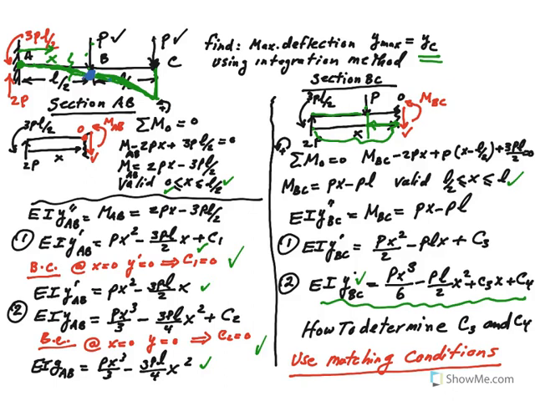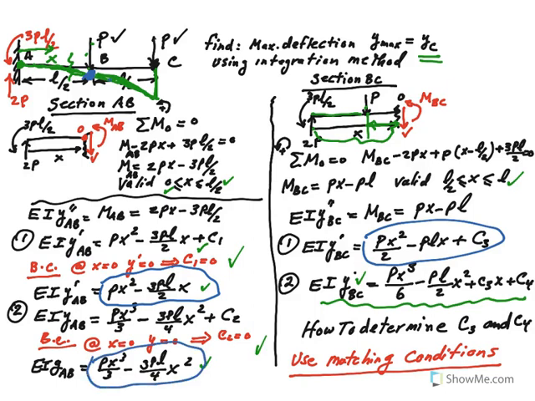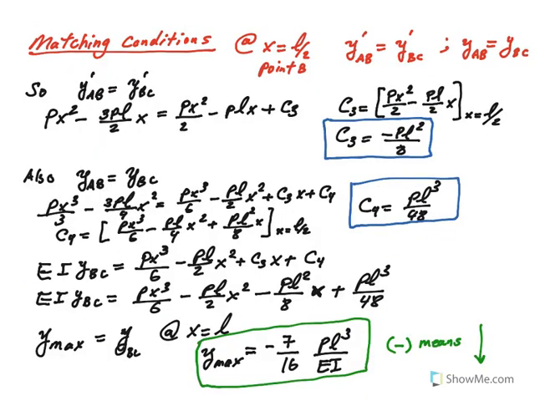So the slope and the deflection, in other words, this equation should match this one at x equal L over 2 at point B. And same thing here: this deflection equation should match this equation at x equal L over 2. And that will give us two equations. We have two unknowns, so we should be able to find C3 and C4.